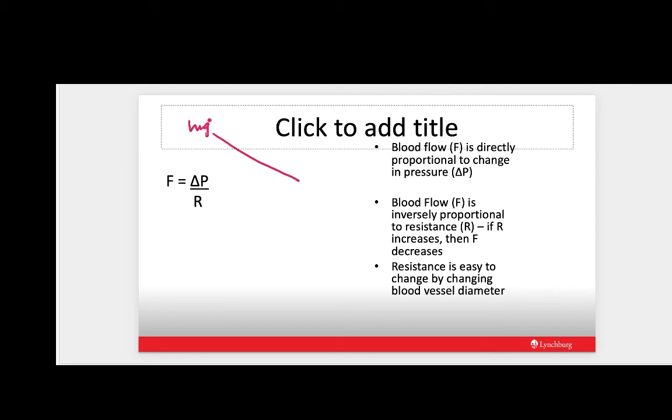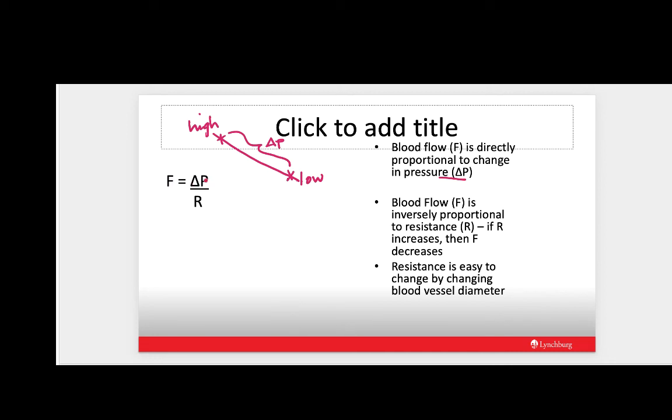You remember how we talked about blood flowing from high pressure to low pressure? So here's our high pressure, here's our low pressure. So we can take a point here and we can take a point here, and the difference between these two is going to be our change in pressure. Okay? So we can talk about change in pressure, or we'll eventually just say pressure here.